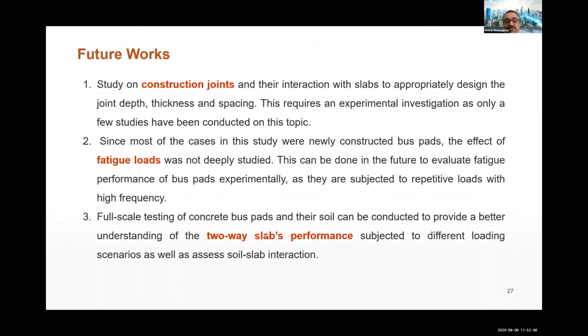This is of course costly, but it is something where we can actually see more realistic performance of a concrete bus pad if we consider a test setup with the boundary conditions that the concrete bus pad and soil provide.